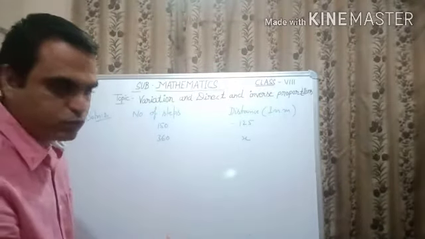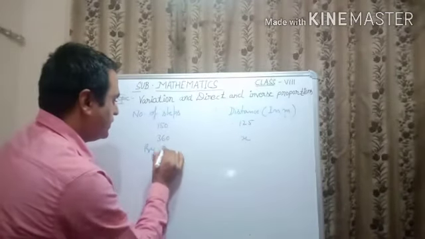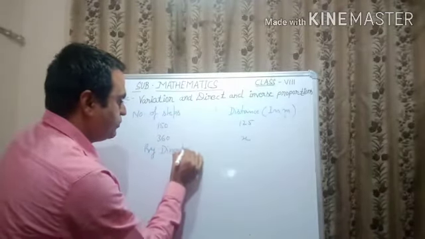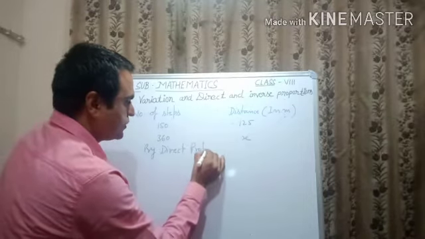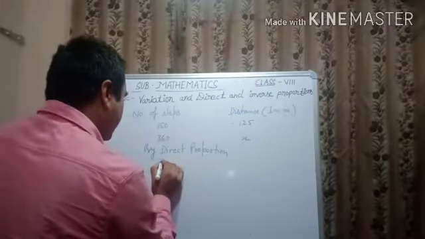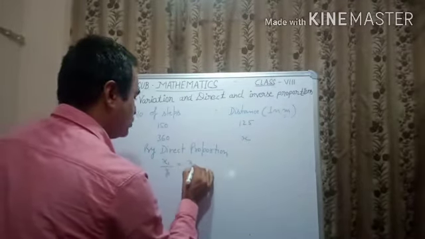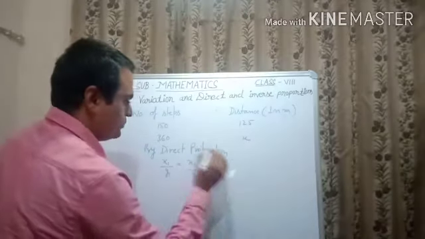Let the distance covered by Harish be equal to x. Now by the direct proportion method, the formula is x1 upon y1 equals x2 upon y2.